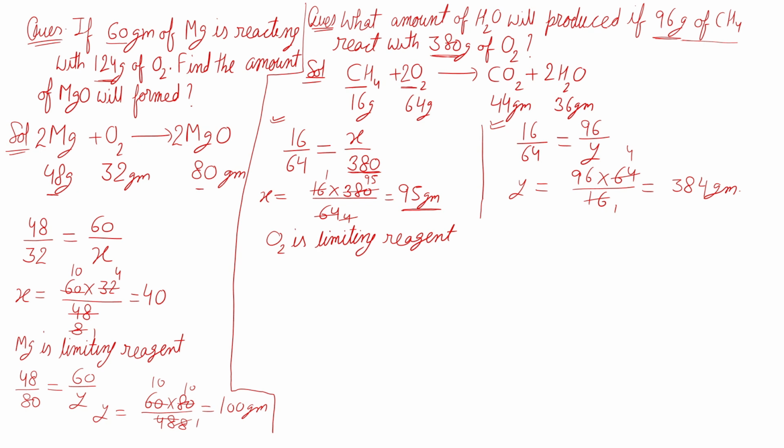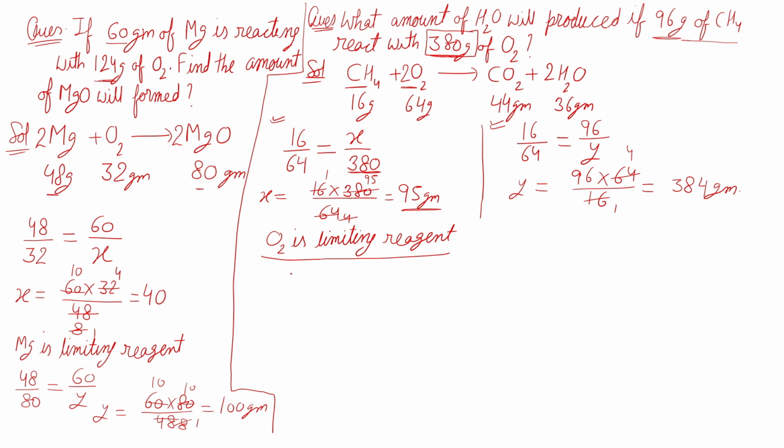But remember that we have only 380 gram of oxygen there. It means the required amount is greater than the amount given to us. It means it is the limiting reagent. Okay, so again it is correct now. So now we know the maximum amount of product that can be formed will depend upon the mass of the limiting reagent given to us.